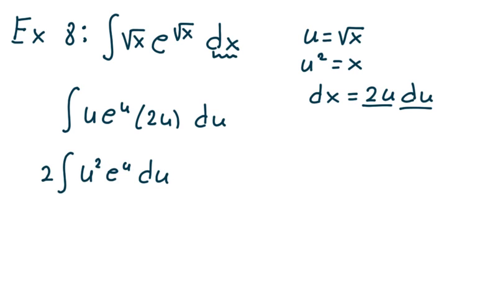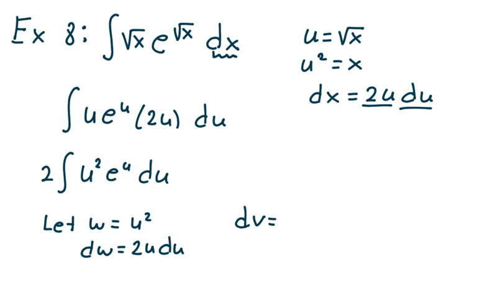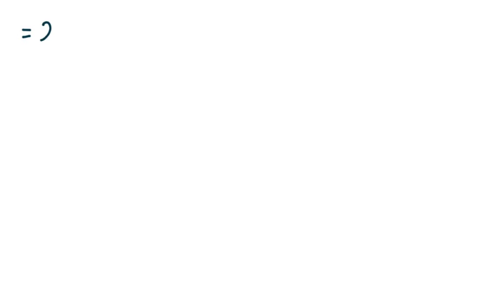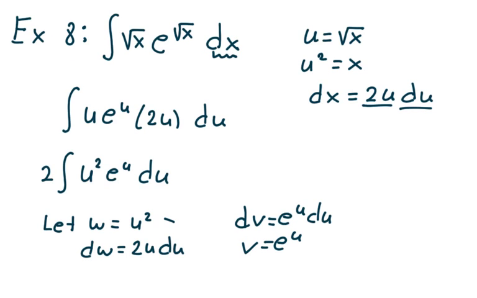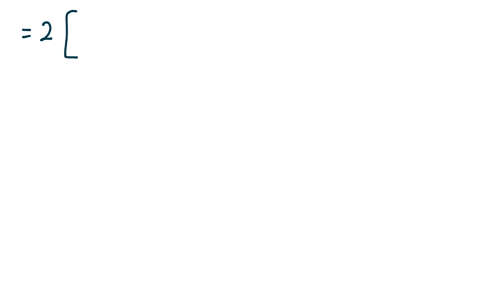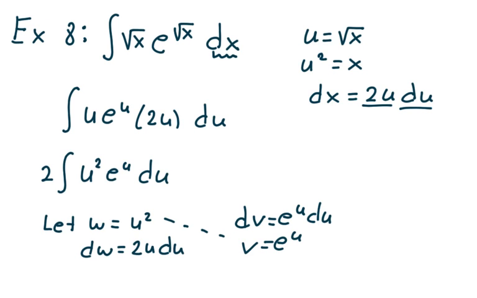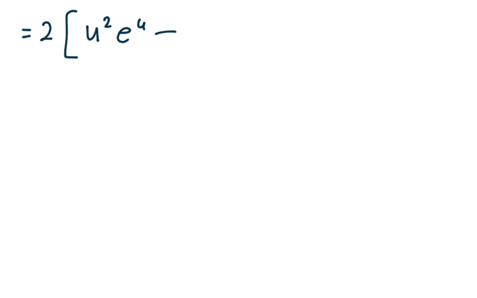So I'm going to let w equal u squared. dw is 2u du, and dv is e to the u du, and v is e to the u. And so this is equal to 2 times u squared e to the u minus the integral of 2u e to the u du.